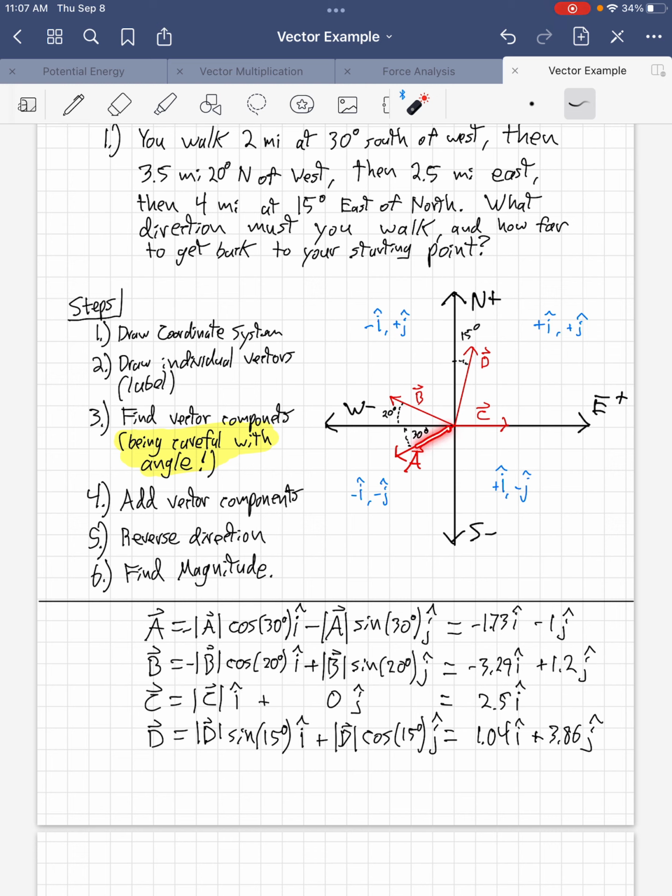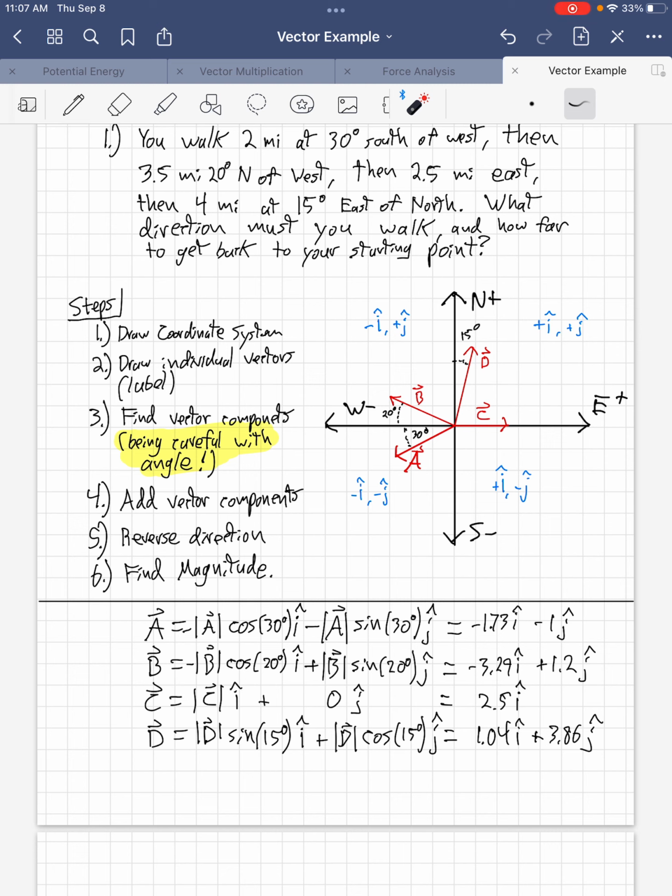Okay, A, both the x and y components should be negative. Right, okay, they are. All right. B, i should be negative and j should be positive. So i is negative, j is positive. We're looking good. D, both should be positive. All right, so we double checked that, our vector components have the right sign given the quadrant that they're in.